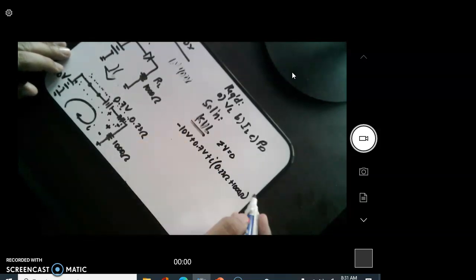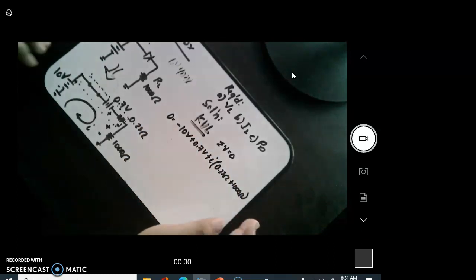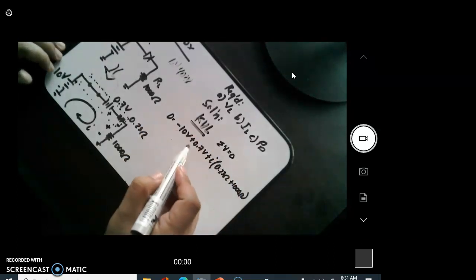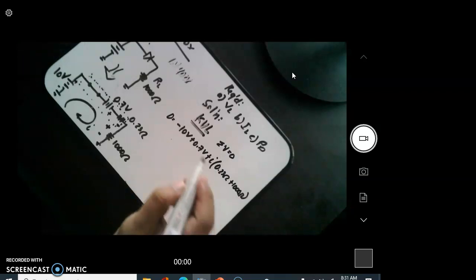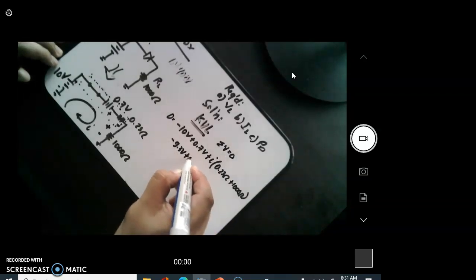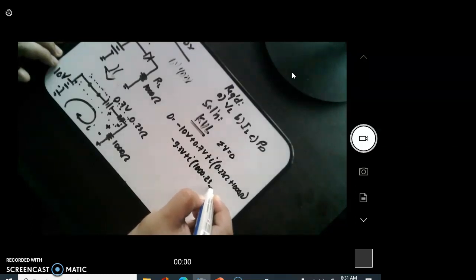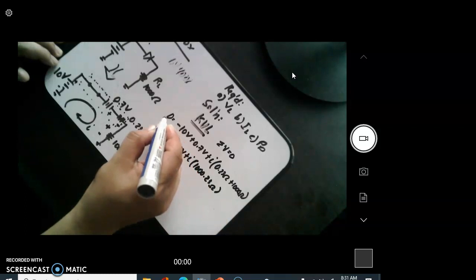So negative 10 volts plus 0.7 volts gives negative 9.3 volts, plus I multiplied by 1000.23 ohms, equated to 0.